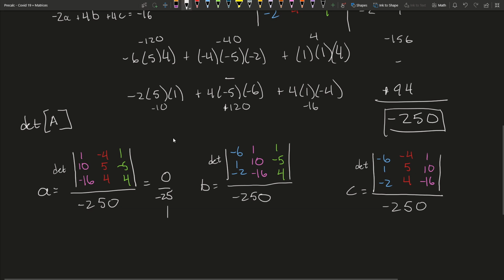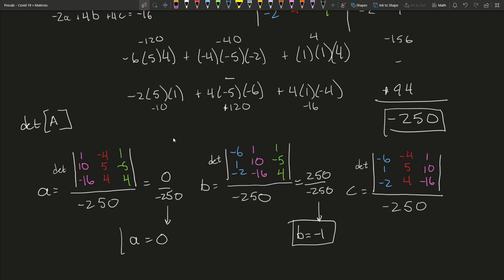So then A is equal to 0 divided by -250, which is just 0. For B, our determinant ends up being positive 250. So 250 divided by negative 250 is just negative 1. And then for C, our determinant ends up being positive 750. And positive 750 divided by negative 250 is negative 3.